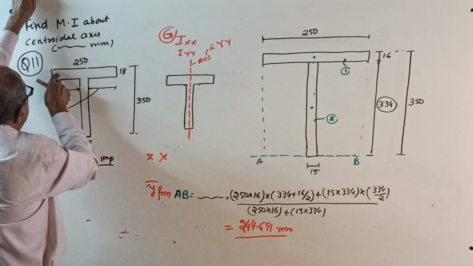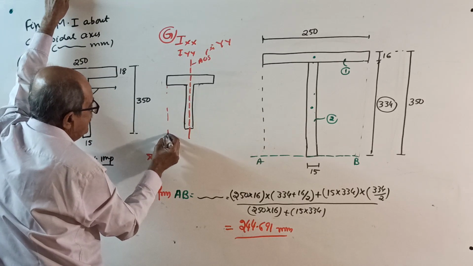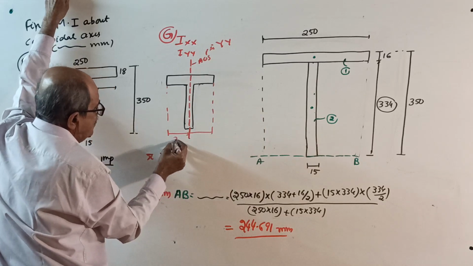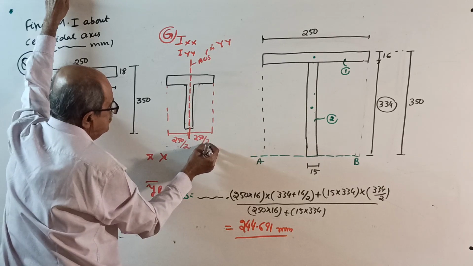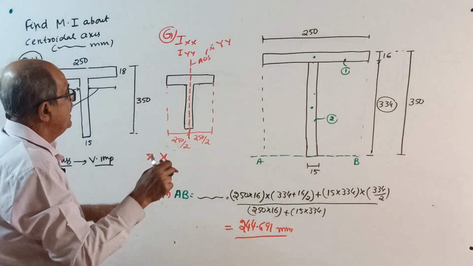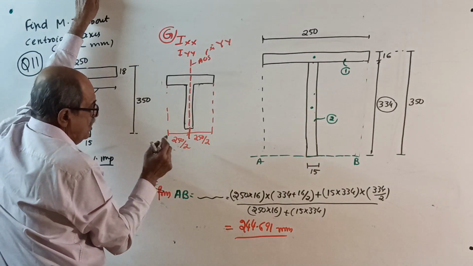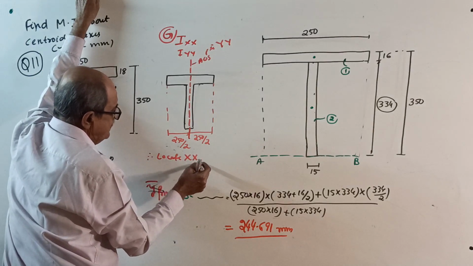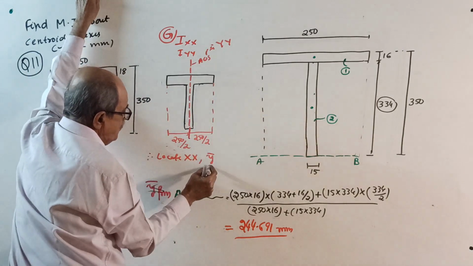From here to here and from here to here, both are 250 by 2. Understood? Make this note. Therefore, we have to locate only the XX axis, for which you require Y bar.